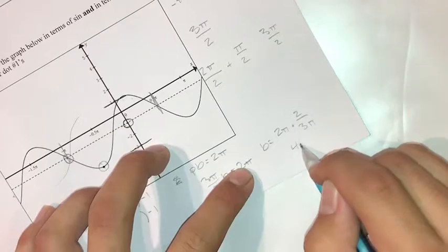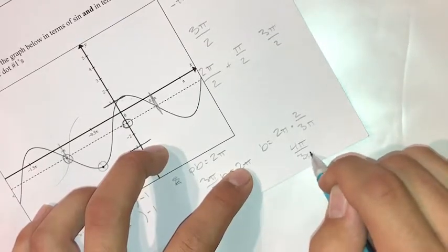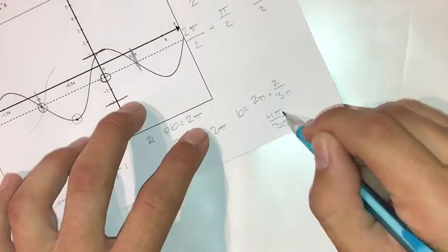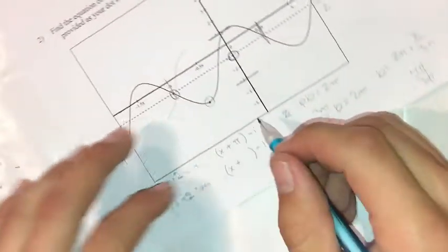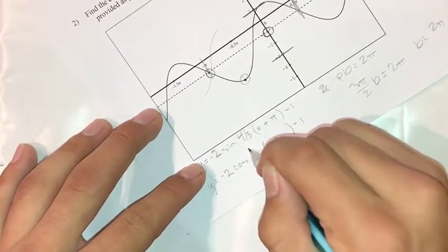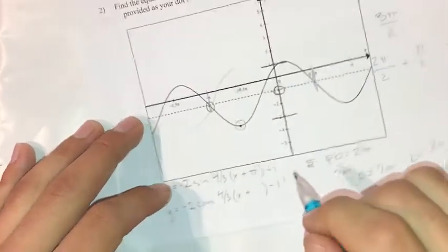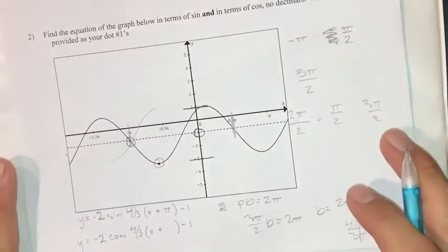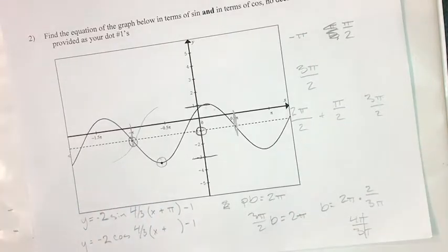So then we have 4 pi over 3 pi, and then the pi's cancel. So what we can write here is 4/3 on both of these, since the period does not change between the two graphs, or the two equations, I should say.